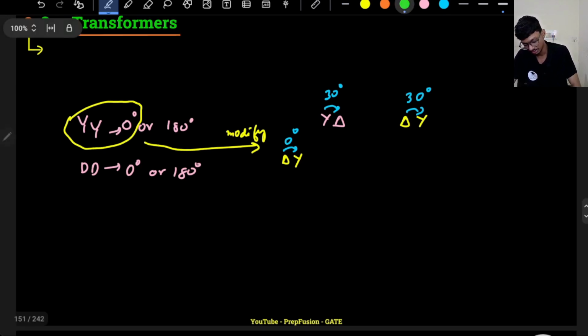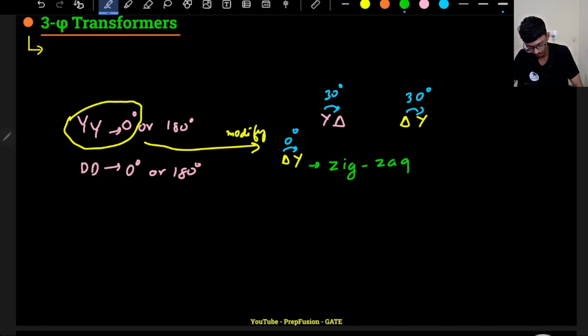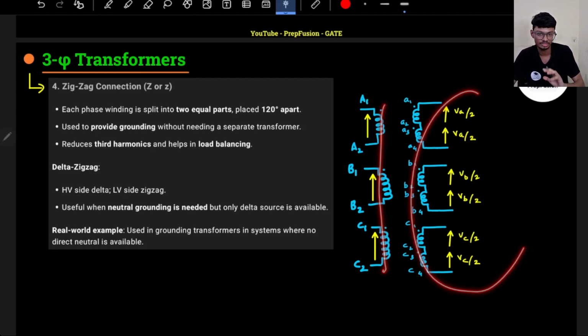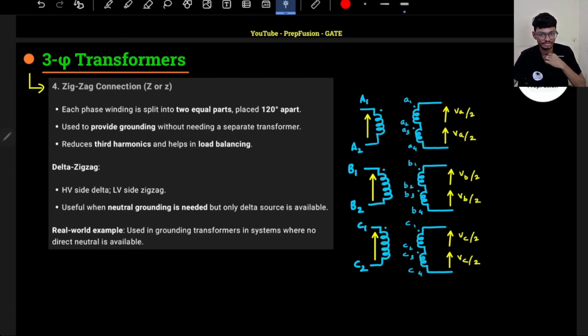We use one connection named the zigzag connection. So these are actually called zigzag connections. My primary is star only. On the other side I am making a few changes, and we will see how we are connecting it.